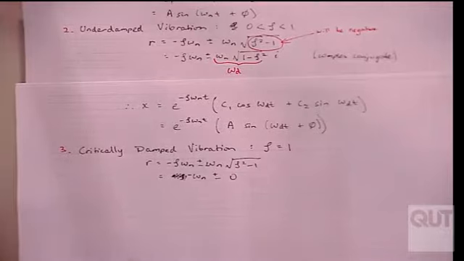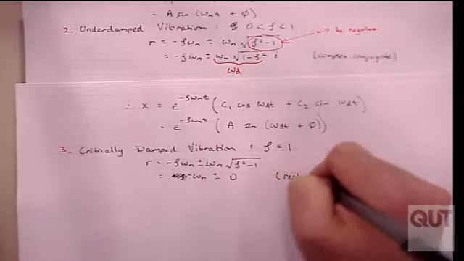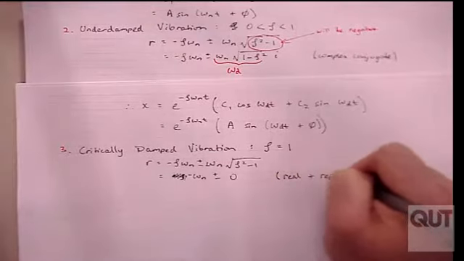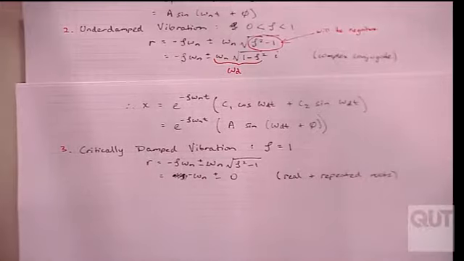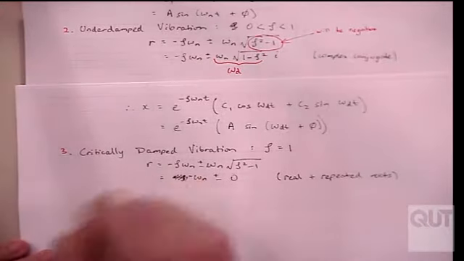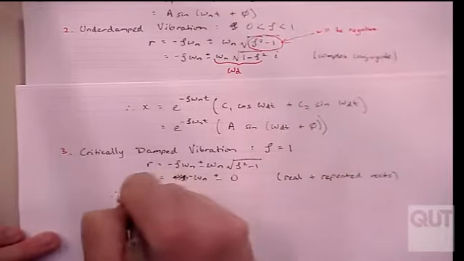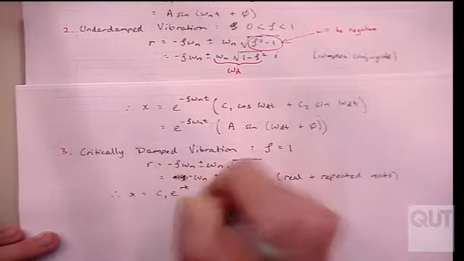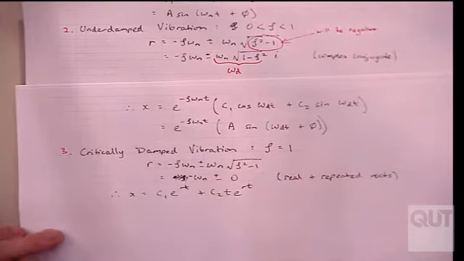So what type of roots do we have here? We have real and repeated roots, right? Since we've added and subtracted 0, we get the same root twice. So whenever we get real and repeated roots, x is equal to c1 e to the rt plus c2 t e to the rt, where r is our root.